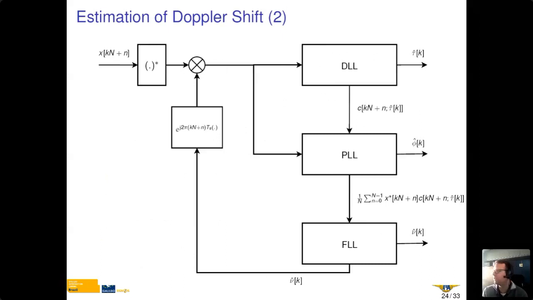On top of that, we can also estimate the power of the signal. This is also used in the positioning. So this would be a fourth estimate for each of these satellites that we receive. So we have to run this tracking in parallel.